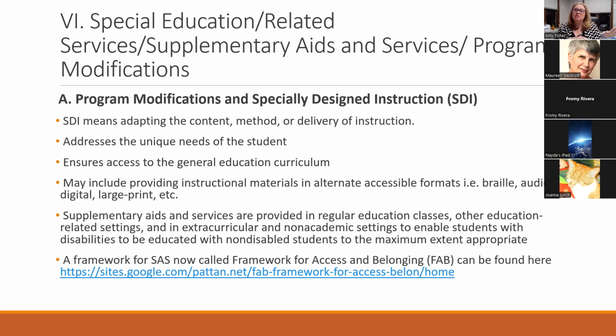So that's what FAB is about. And so that's linked there. It's a lot of great resources. Again, we could probably do a 1.5-hour session just talking about the framework for access and belonging and how to best include students and support them in general education, which is why I linked it there so that you could get more information about it.